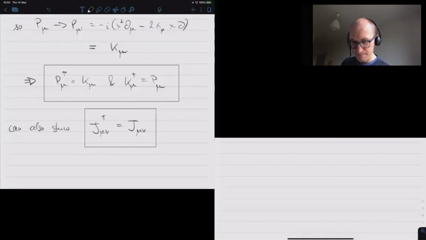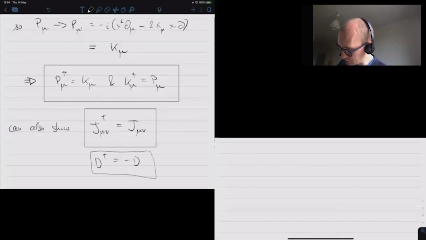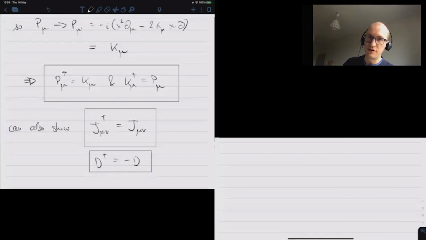And for D, you have D dagger must be minus D, so it's anti-Hermitian, as was anticipated at some point today by Adrian. I would just ask you to fill in those details, because I'd rather go on to showing some unitarity bounds. So let's get to the bounds.